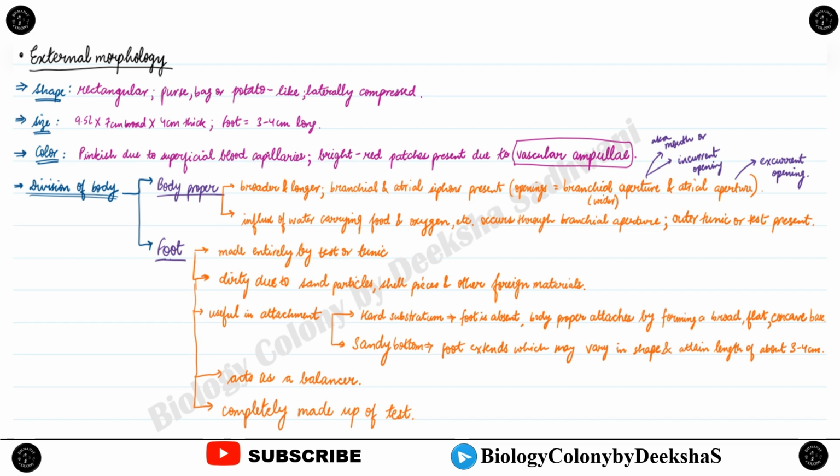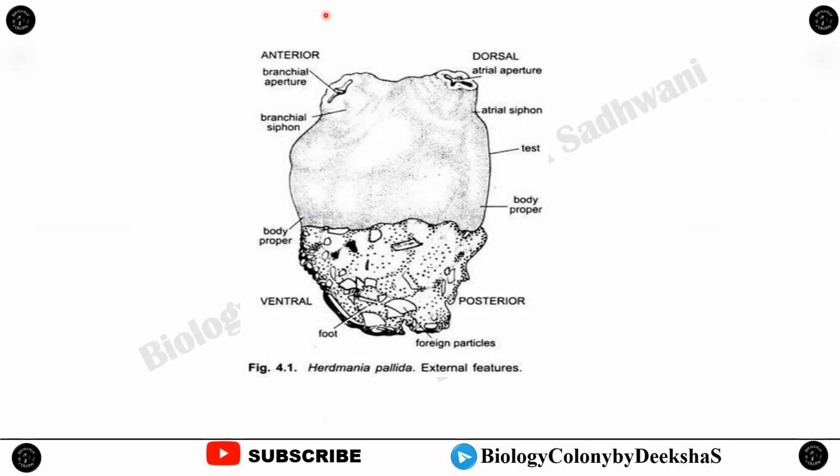As you can see in this diagram, it represents the Herdmania pallida species. It has an anterior side and opposite it a posterior side, a dorsal side and opposite a ventral side. The anterior side consists of the branchial aperture or mouth, which leads to the branchial siphon, then the pharynx, and all the internal organs are present somewhere here.